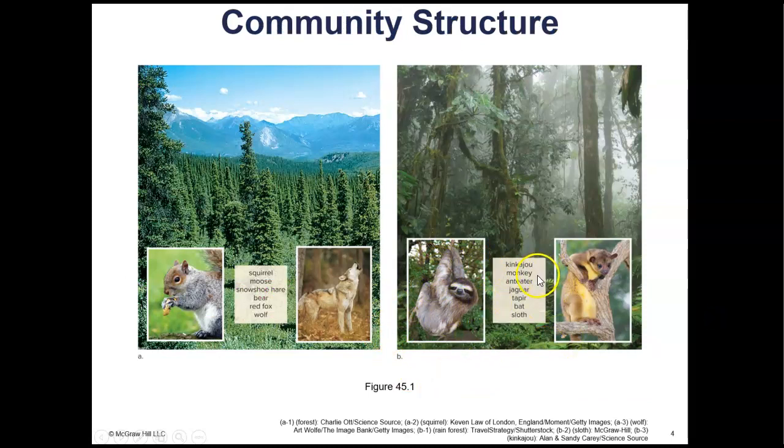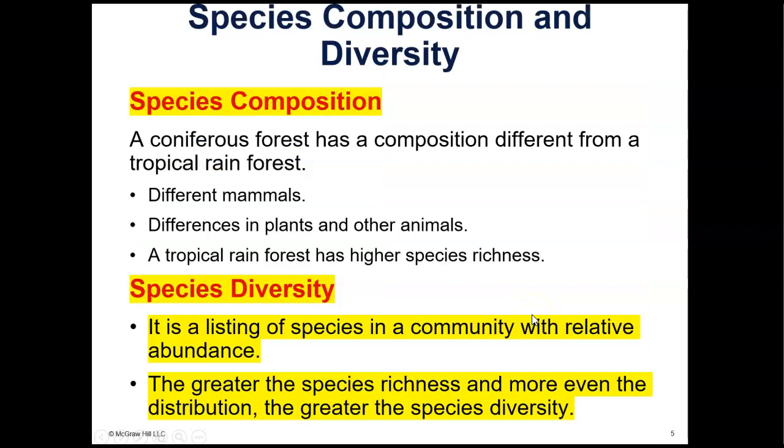And there are other species that make up the tropical rainforest, and this kind of helps us define that ecosystem. You have monkeys, anteaters, jaguars, tapir, bat, sloth, so the species composition really defines the ecosystem.